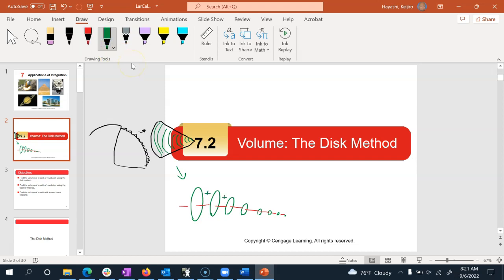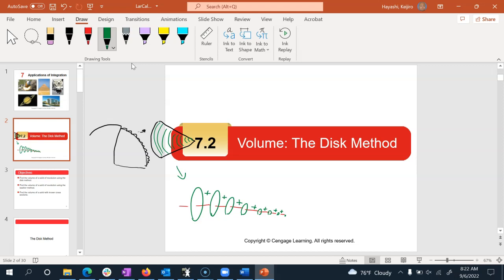What you're going to do, in a very mathematical way, not by hand, is take all these individual circles and add them up together to find the volume, as opposed to using some volume formula.